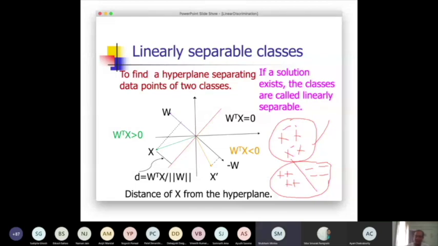Convex hull. Right, it is better to call it the convex hull. The convex hull is the minimum convex set which contains this set of points. In the case of 2 dimensions, it is the minimum area convex polygon which will contain all these points.